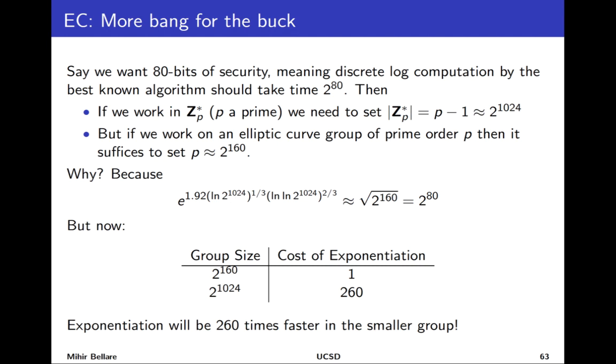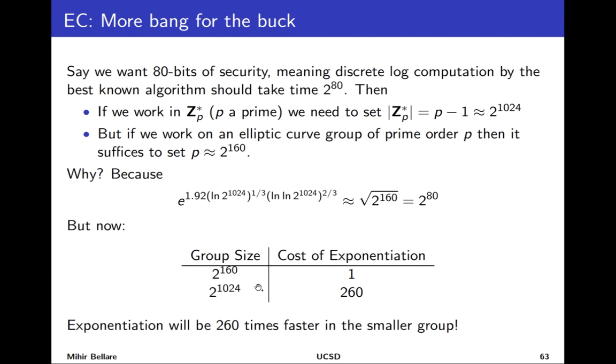On the other hand, since the best algorithm for elliptic curves can reach that kind of effort already when the group has size only 2 to the 160, you have these facts about the group size. So I can either have an elliptic curve group of this size or a group of integers mod a prime of this size, and security-wise they're the same.